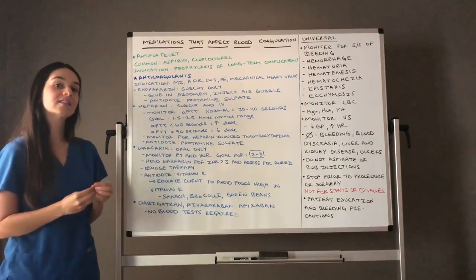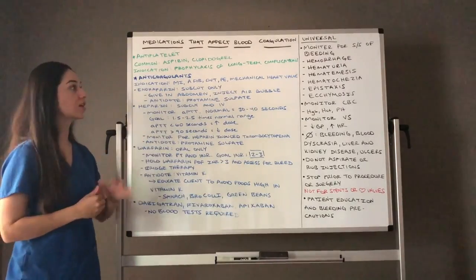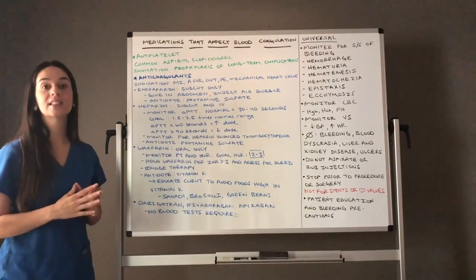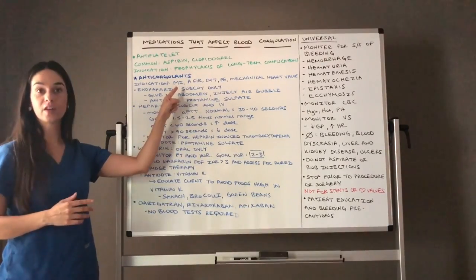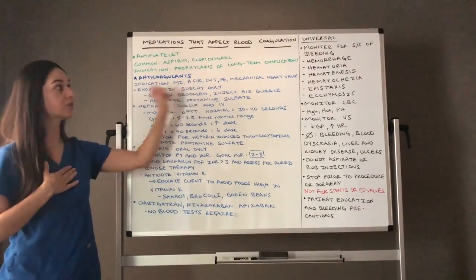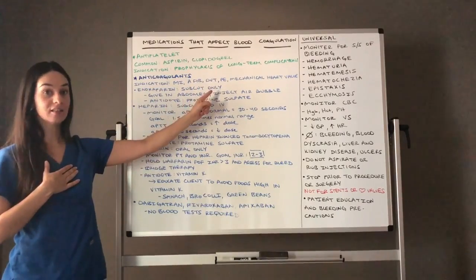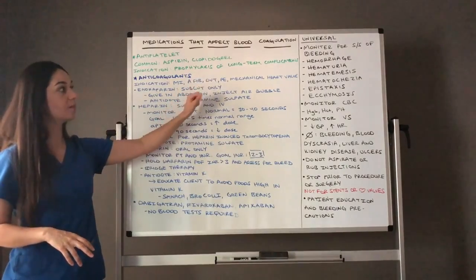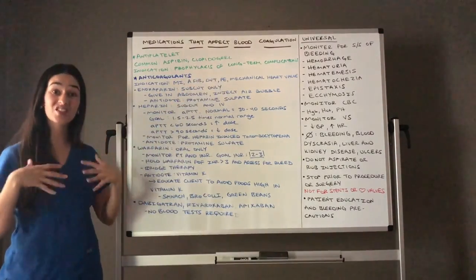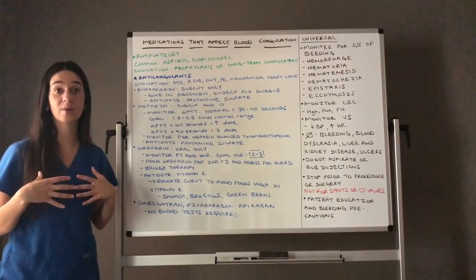They have a slightly different indication than your antiplatelets. We can give anticoagulants, the most common I have listed, for myocardial infarction or heart attack, for atrial fibrillation, DVT, PE, or mechanical heart valves. So your deep vein thrombosis and your pulmonary embolism, these are active clots that clients have in your body.